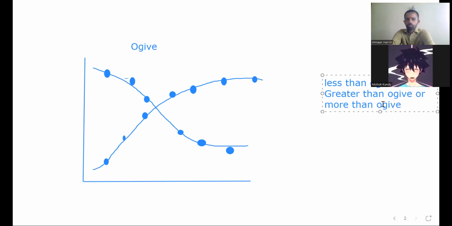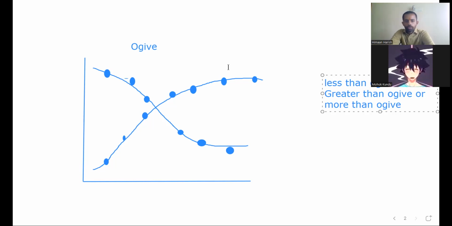So we just need to know the basic definition of ogive and how to represent it. The graph given diagrammatically represents the less than and the greater than ogive curves. The rising curve represents the less than ogive, and the falling curve represents the greater than ogive.